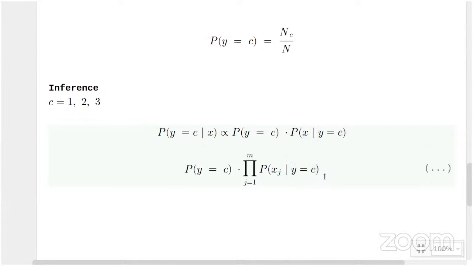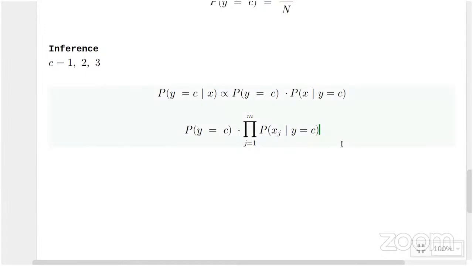And the next step is P of xj given y equal to C, this is where the Bernoulli will come.